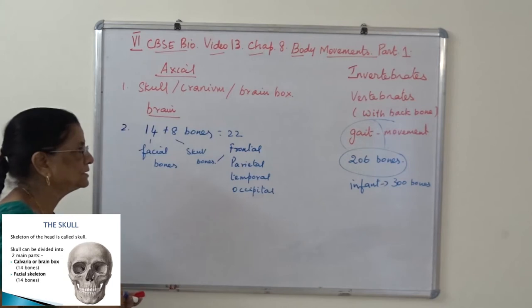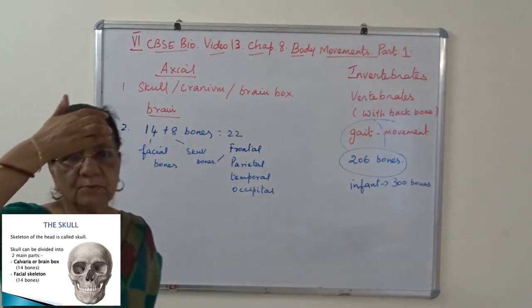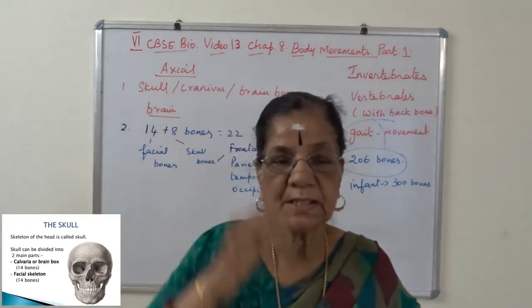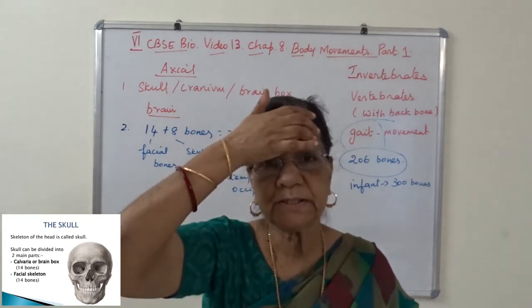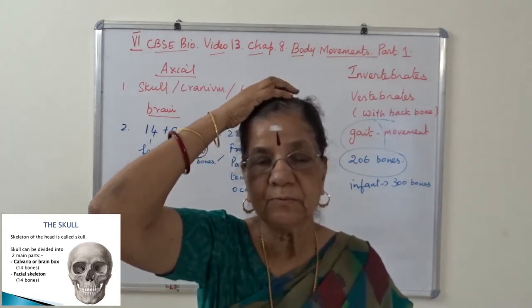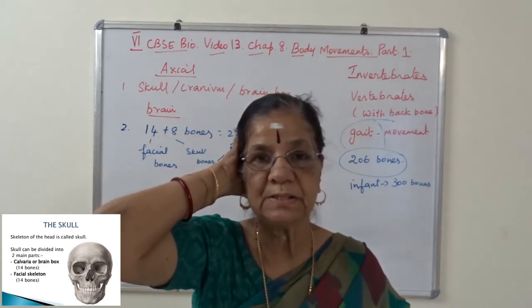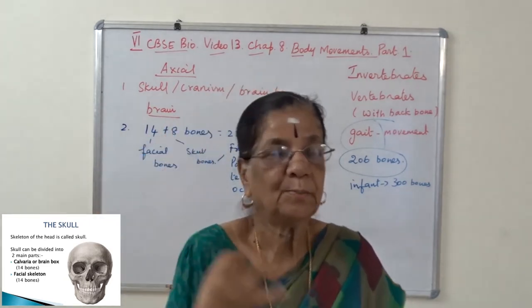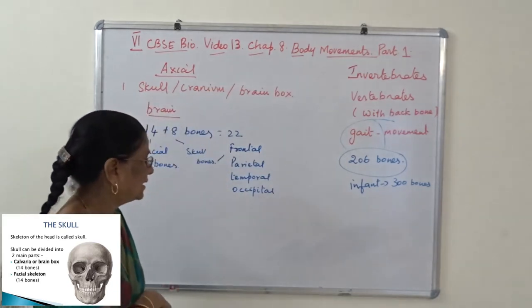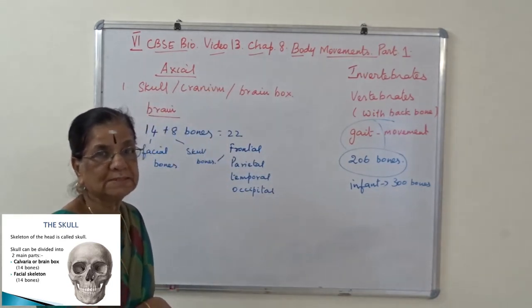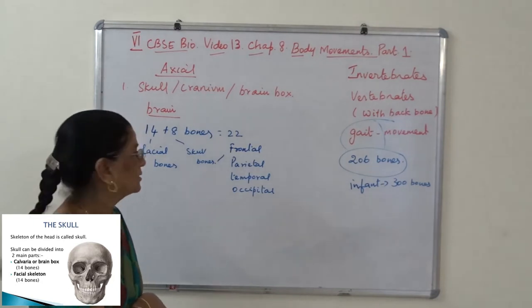The skull bones are frontal in the forehead portion, then parietal, temporal, and occipital. I hope you follow.